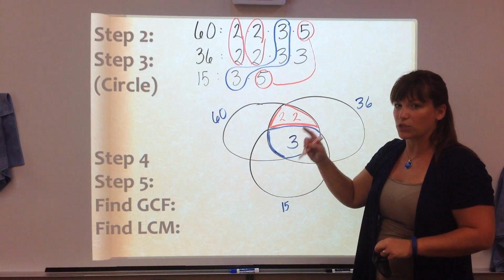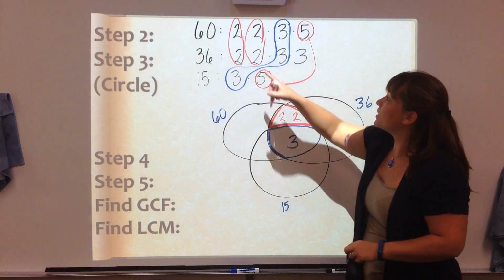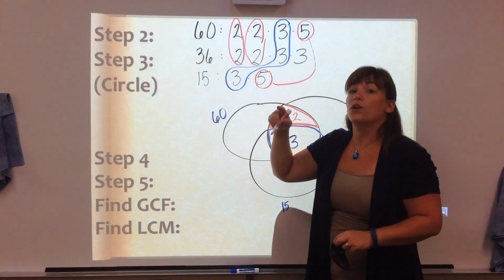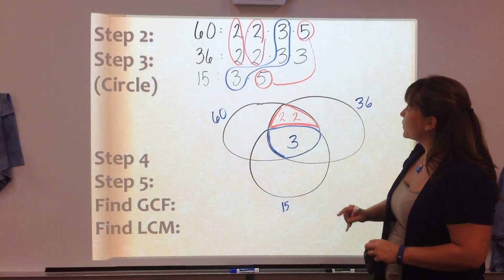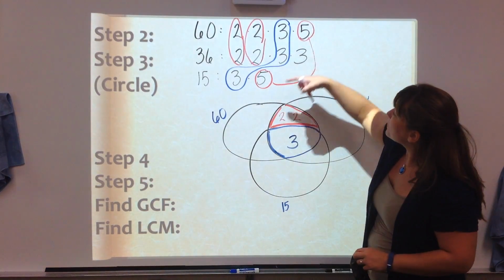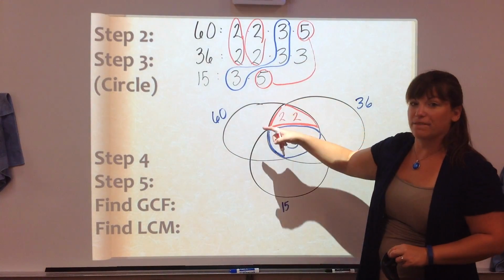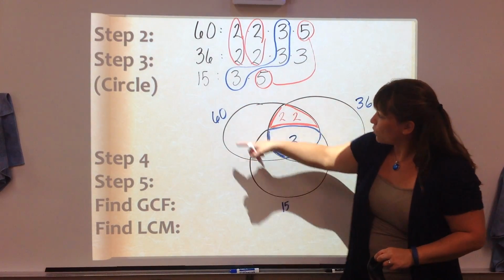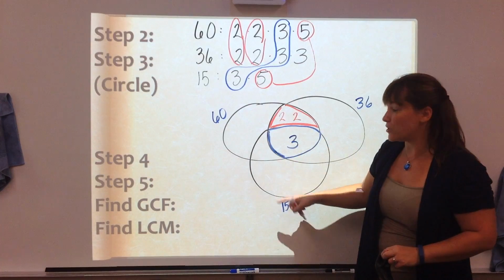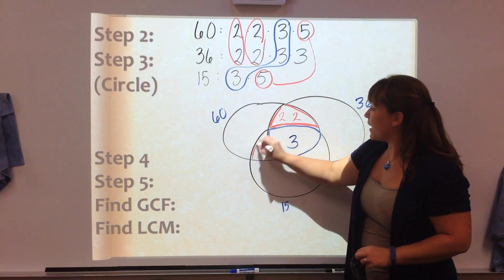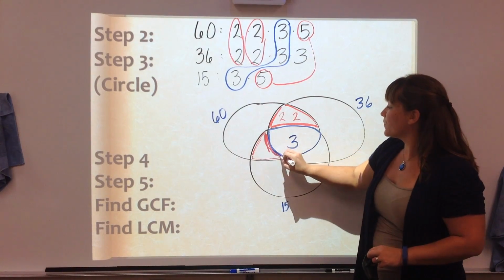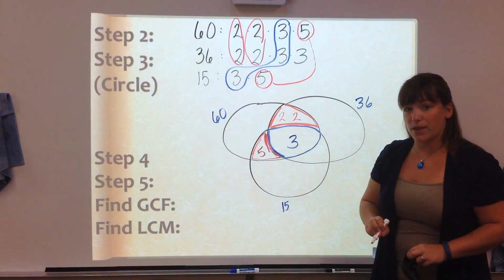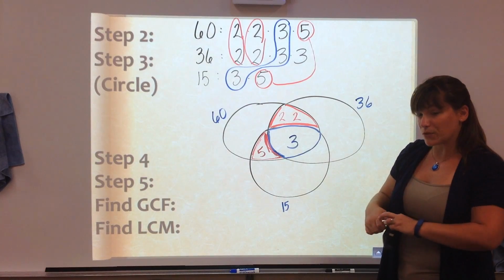That's not 22, it's just two 2s, because there are 2 circles that have a pair of what's in common between those 2 numbers. The only other thing that's in common is between the 60 and the 15. So I'm going to look at what piece is shared by just the 60 and the 15. And that's this piece right here. I'm going to put the 5 over there. Now my red numbers are done.